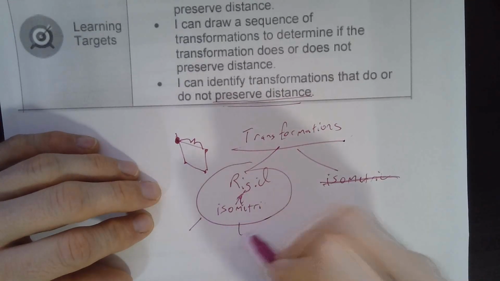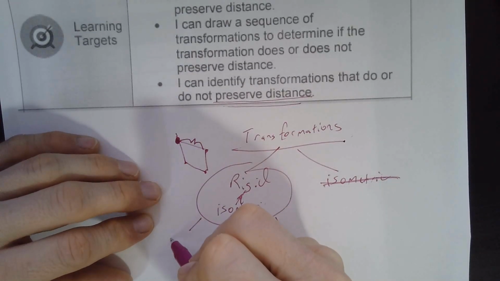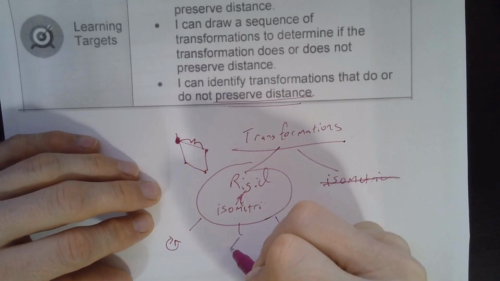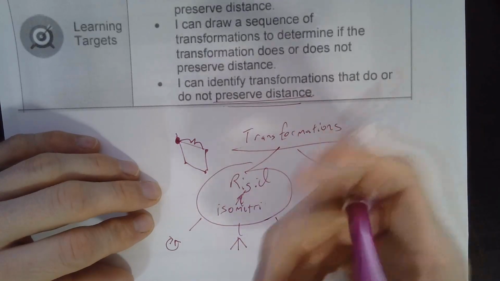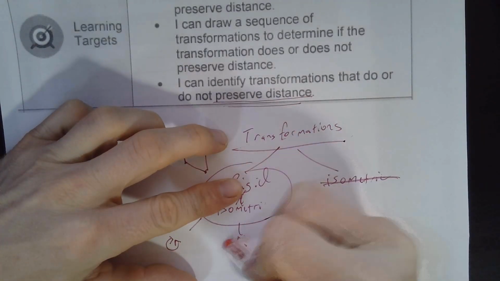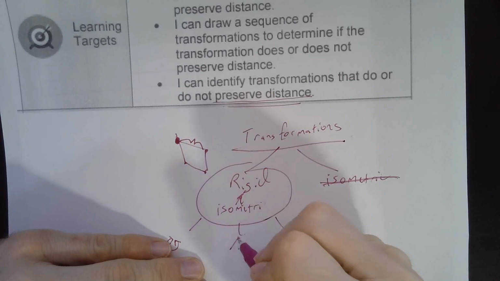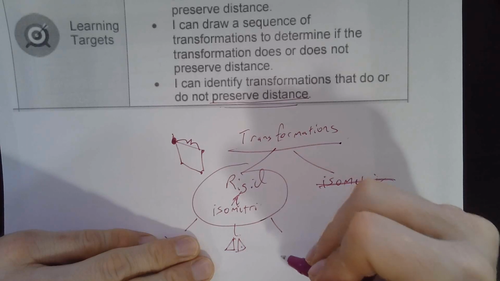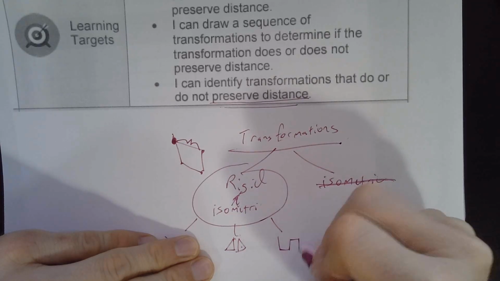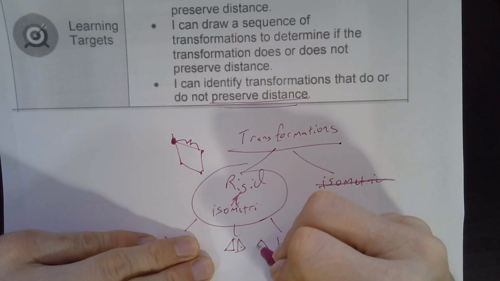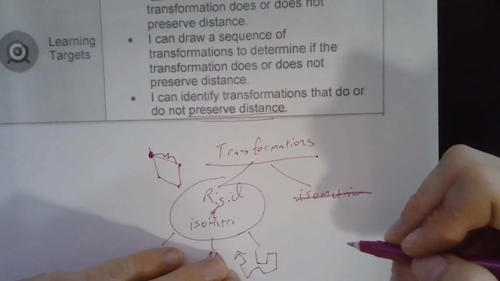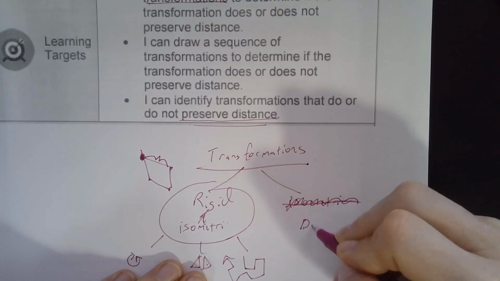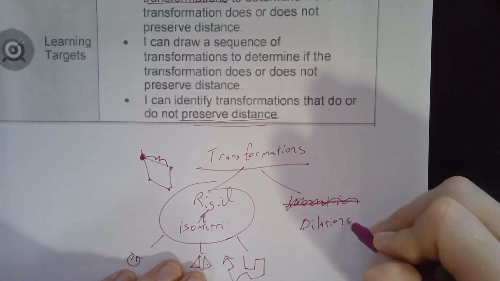Those are rotations, reflections. That's a bad symbol for reflections. That's a reflection-ish kind of reflection. And then I have a translation. Yeah, that's a translation. Okay? And then I have dilations, which this whole chapter is about.